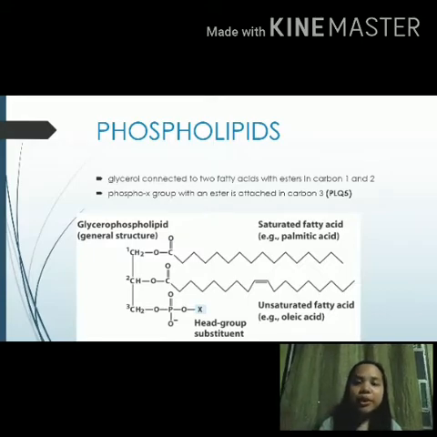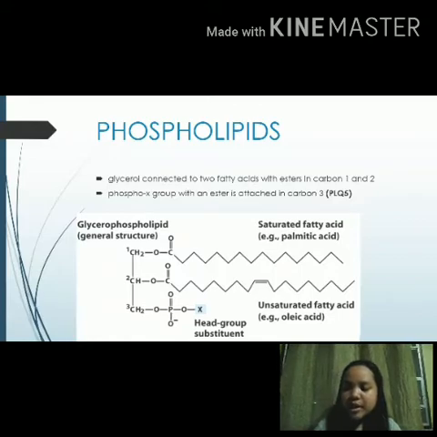And on the third carbon, a phosphate group is connected, which is why the name of the lipid group is glycerophosphatide or phospholipid. This is the general formula of glycerophosphatides, which answers post-laboratory question number 5.